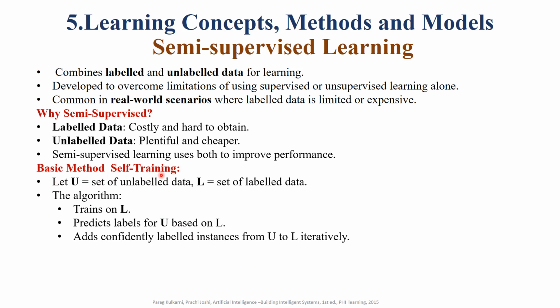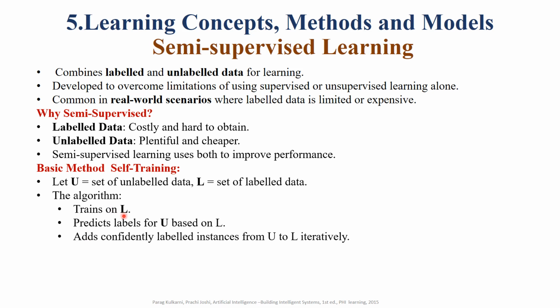The basic method is self-training. Let us consider U as a set of unlabeled data and L as a set of labeled data. How does the algorithm work? We will be training on this L, the set of labeled data.